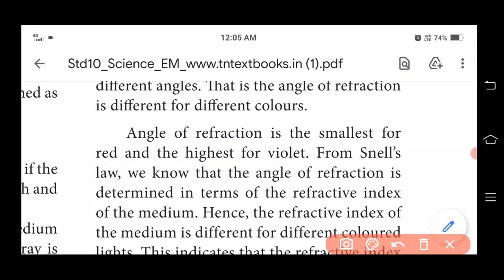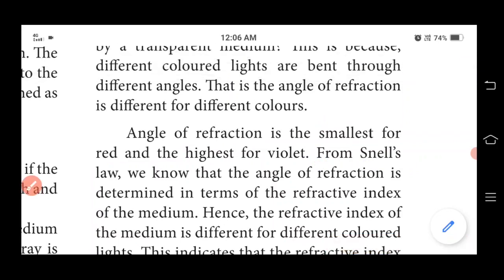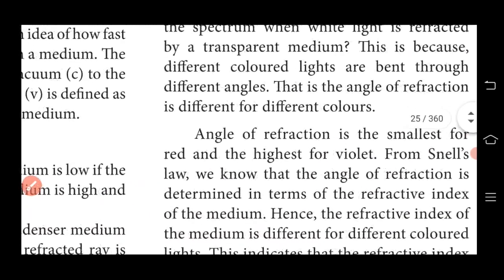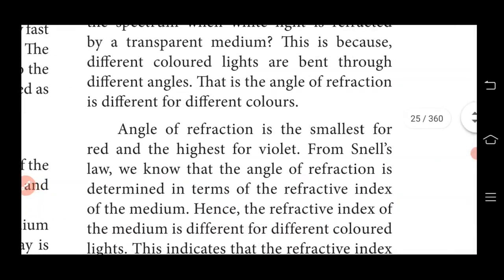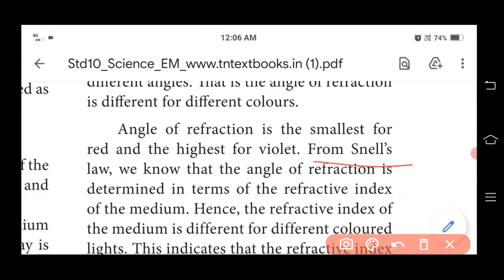From Snell's law, we know that Snell's law is nothing but sin i by sin r. So the angle of refraction is determined in terms of the refractive index of the medium.